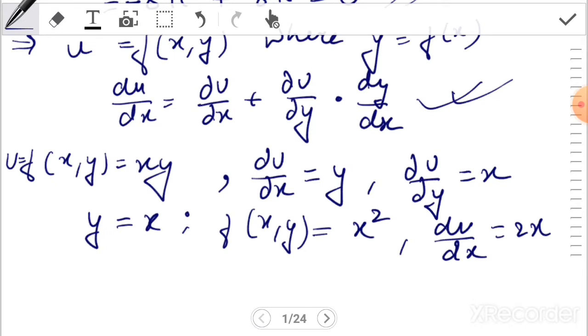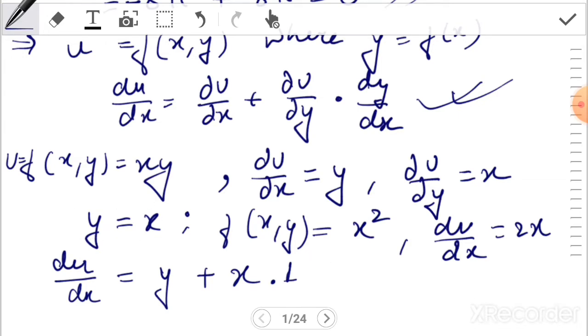So du/dx is equal to ∂u/∂x, which is y, plus ∂u/∂y, which is x, times dy/dx, which is 1, from y equal to x.